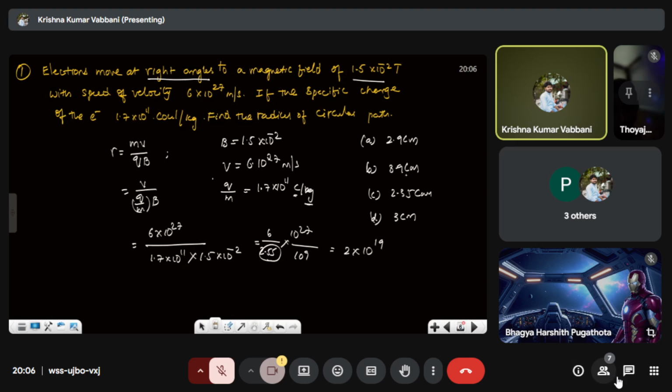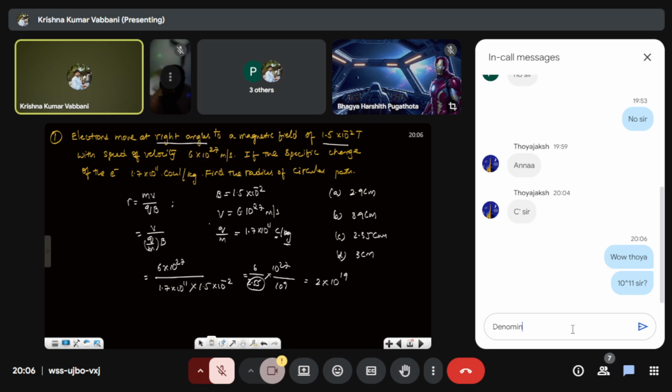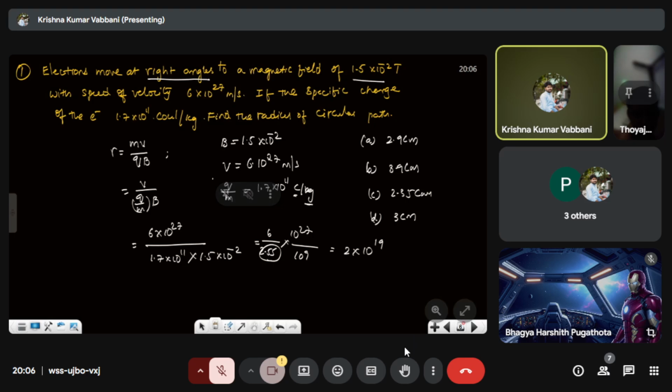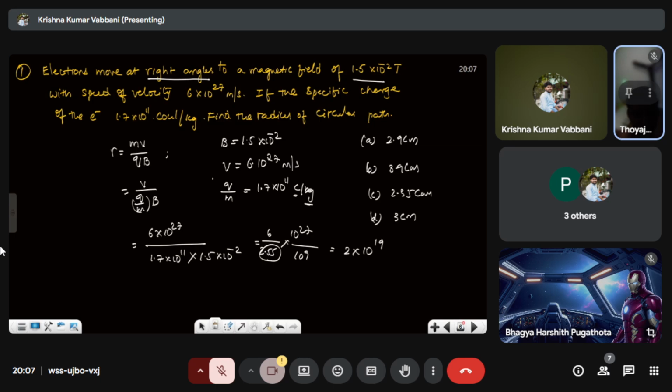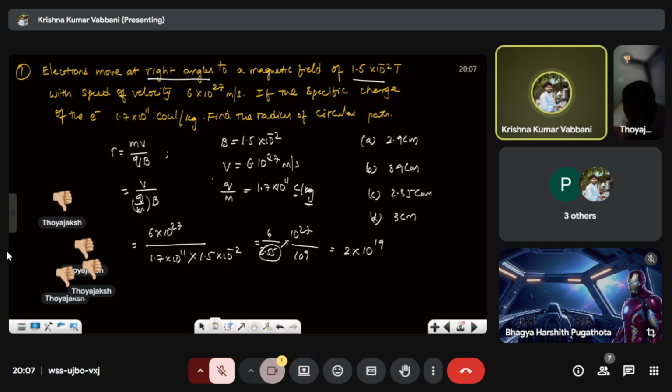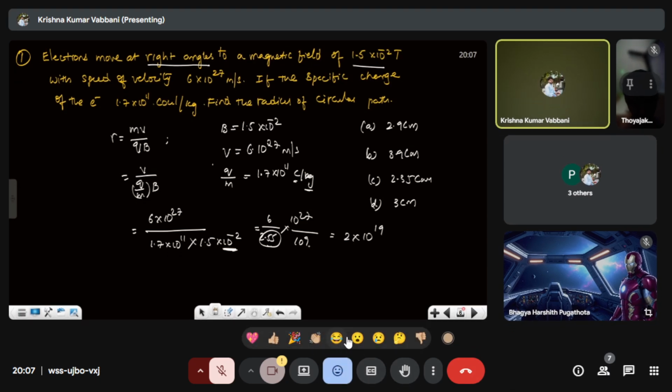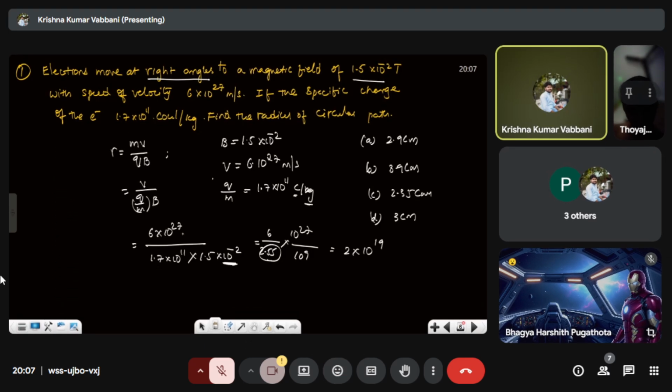In the options, they have given centimeters. Yes Harshi, raise the hand. Where is the chat box? In the chat box: the denominator is 10^11, so with the minus 2, it is going to be 10^9. I think this value is 17.